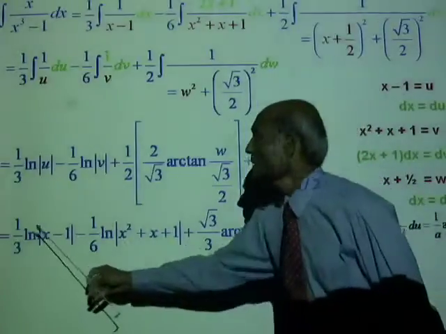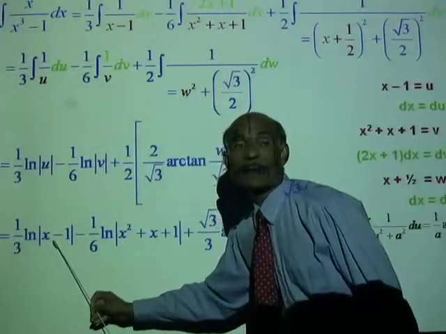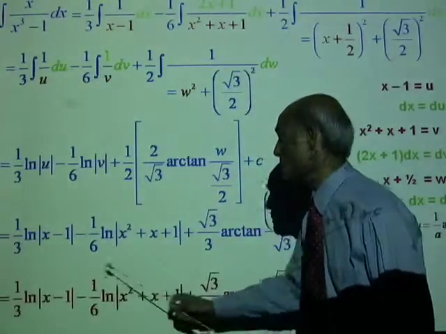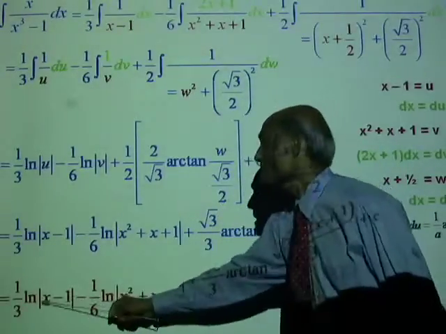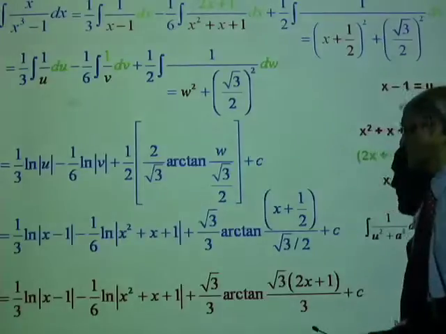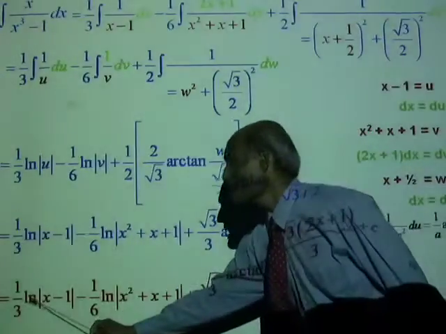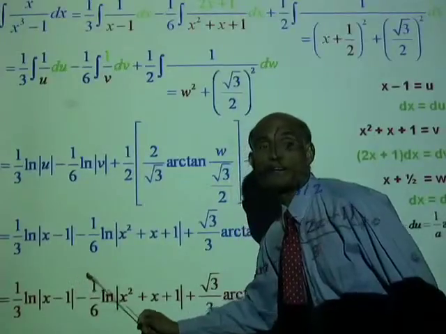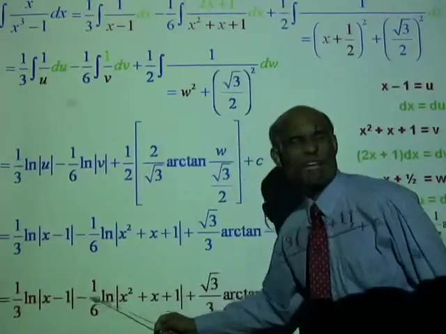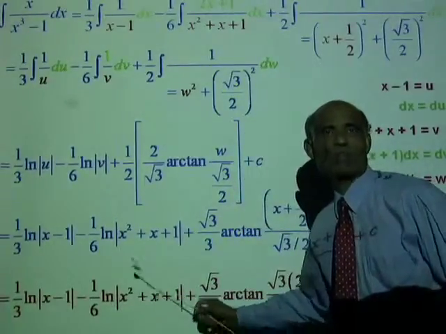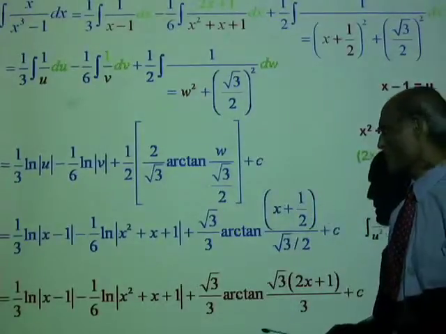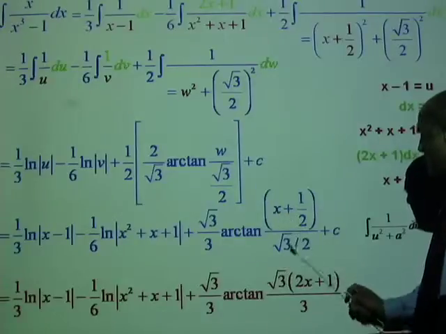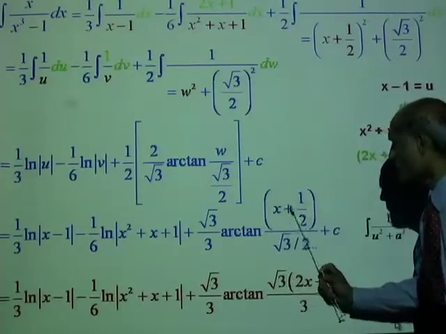And one more thing, 1/3 ln of x minus 1 is ln of x minus 1 to the power of 1/3. But I think it is better left like this, rather than raising it to the power of 1/3 and 1/6.